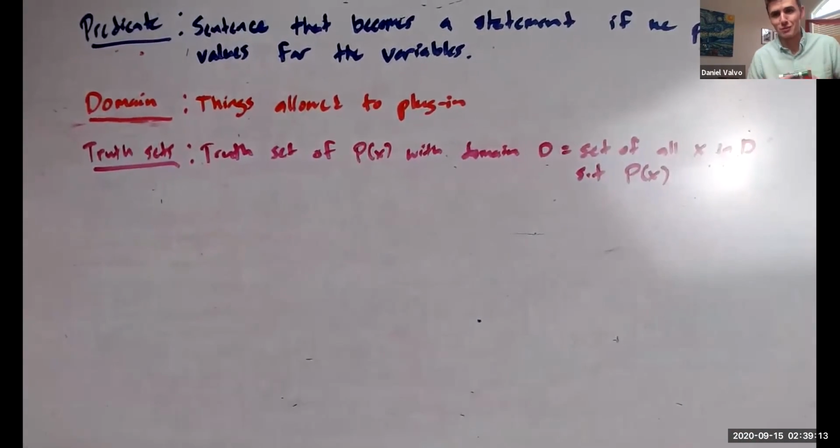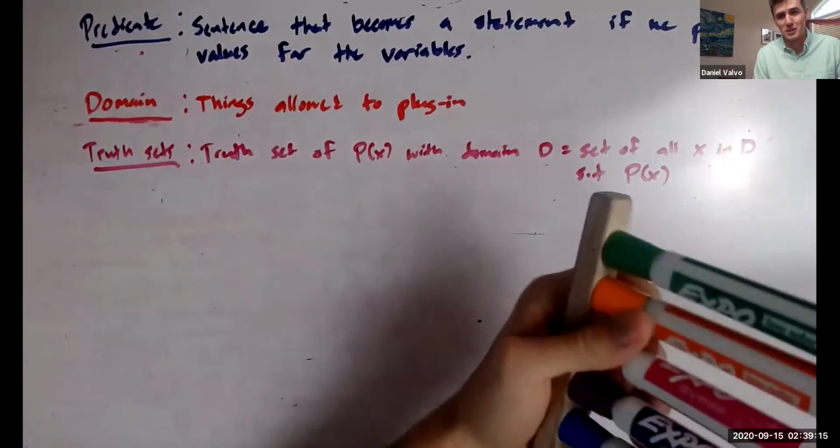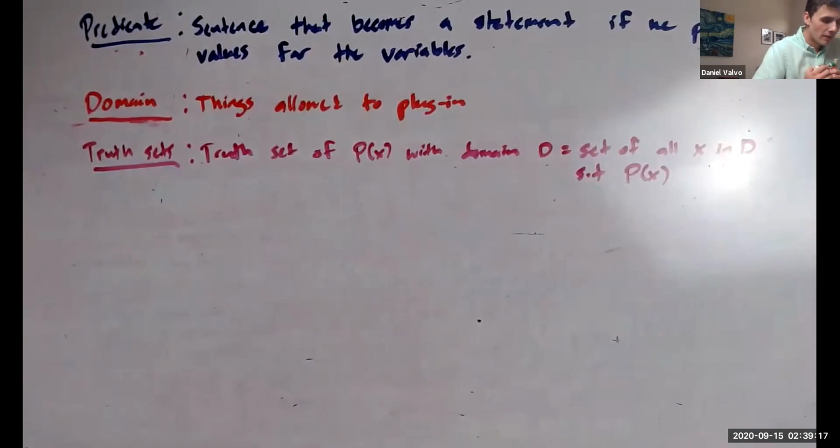Remember, such that means P of x is true, because if we just say something, we're saying it's true. So, set of all x in D such that P of x. Good.